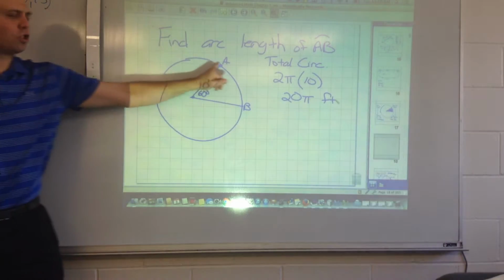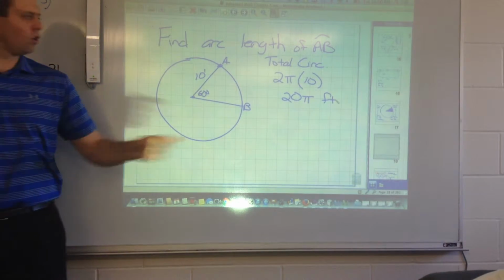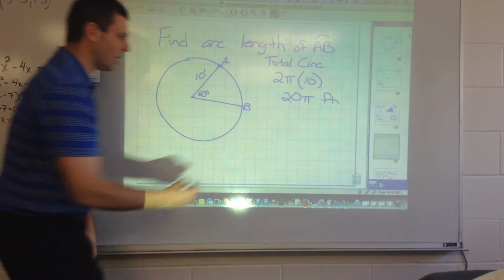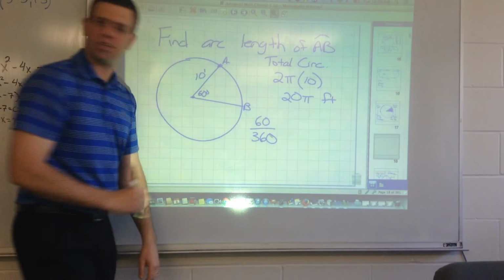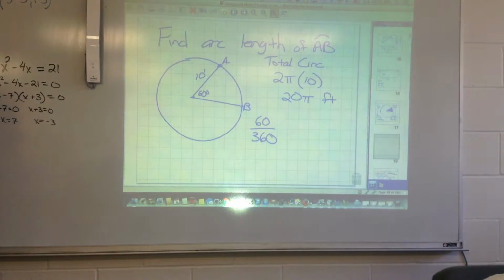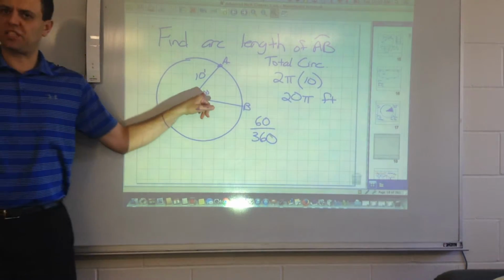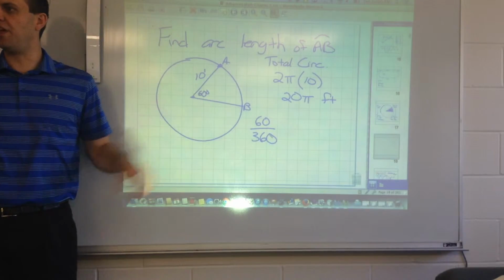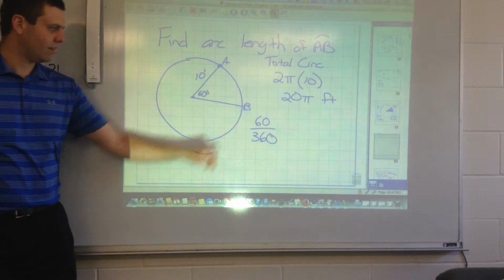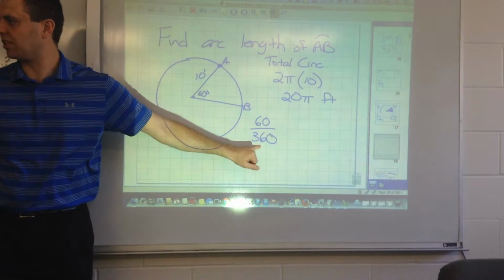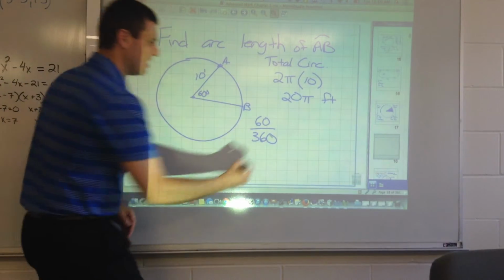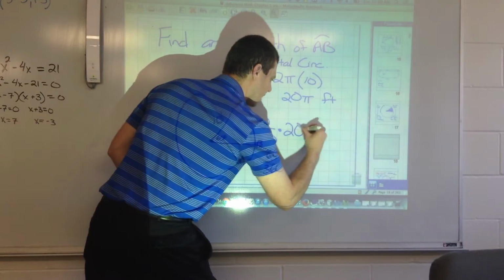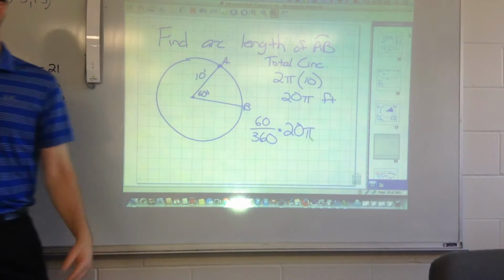If I ask you what fraction of the circle are we concerned with, I would say we have 60/360ths of the entire circle. Or 1/6, as you guys have said. But now if this was 61 degrees, then what fraction of the circle would I have? 61/360ths, right? So if I just take this fraction and I multiply it by my 20 pi, I'll have my answer.